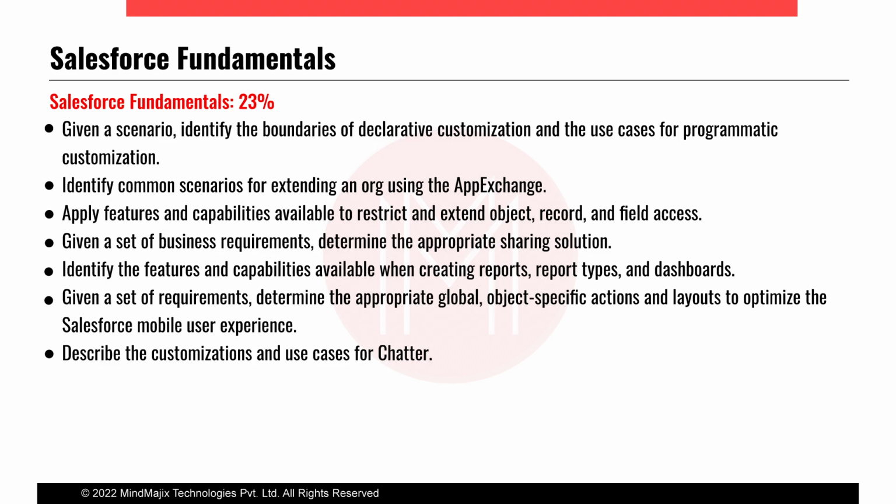Given a set of business requirements, determine the appropriate sharing solution. For example, if we want to share our records with our colleagues, we need sharing, right? It is the same thing it is discussing. We have different types of sharing, like manual sharing, role hierarchy, and also sharing rules, which are automatic. We set some boundaries so that it happens automatically.